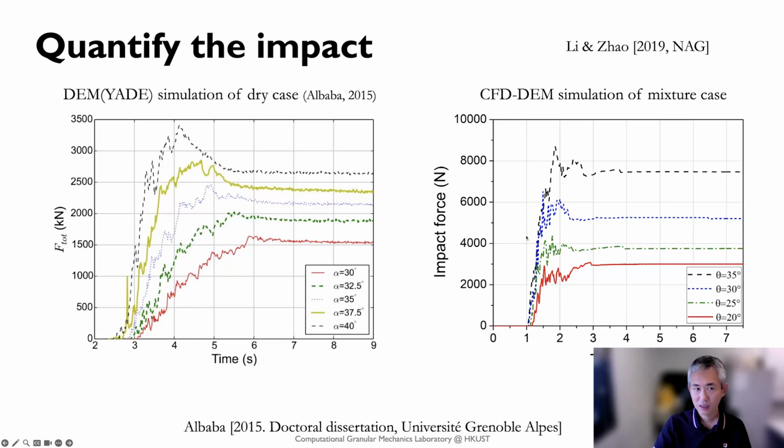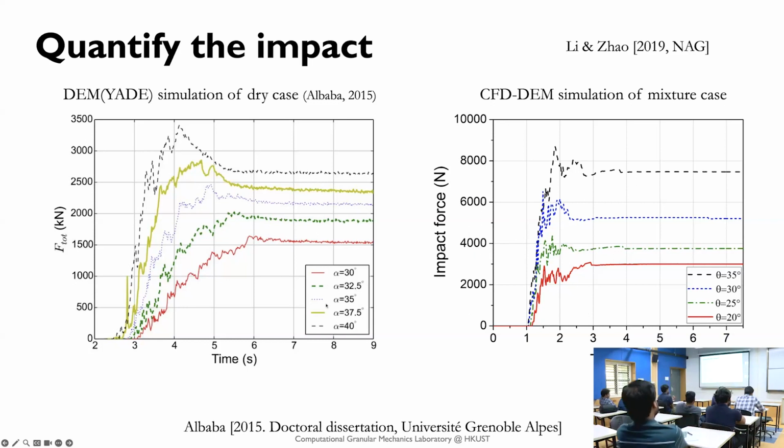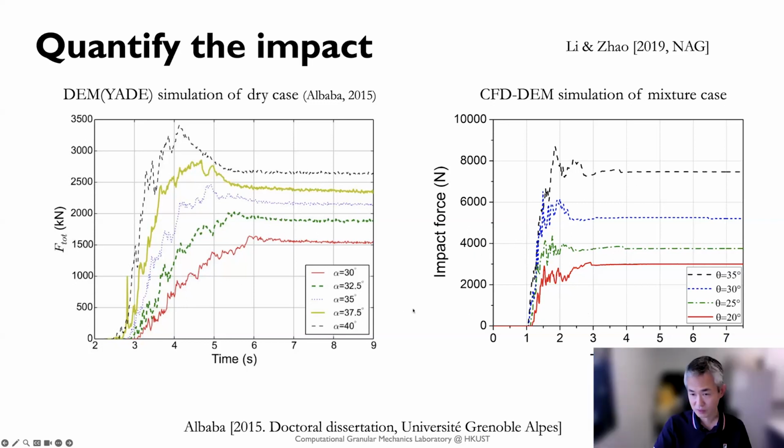similar inclinations, the mixture can generate much higher impact force than the dry particles here. That makes the debris flow more damaging than other types of flow here.